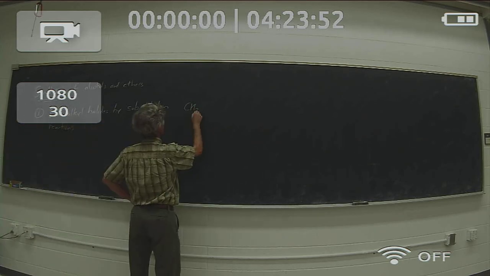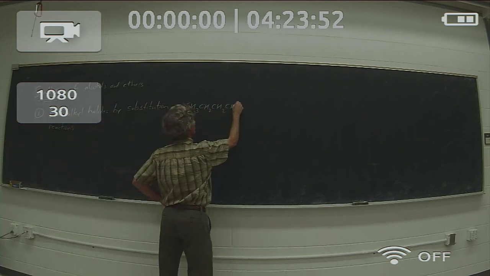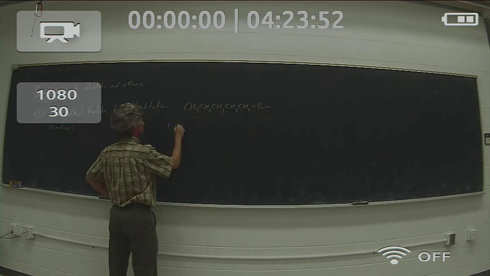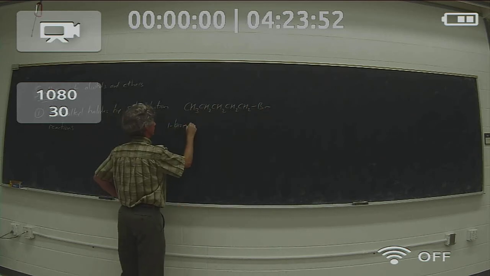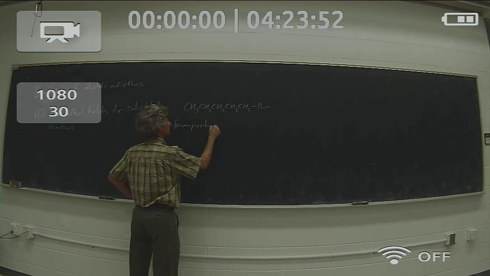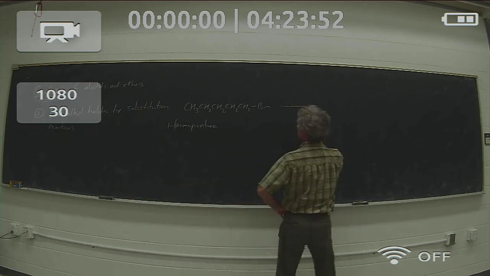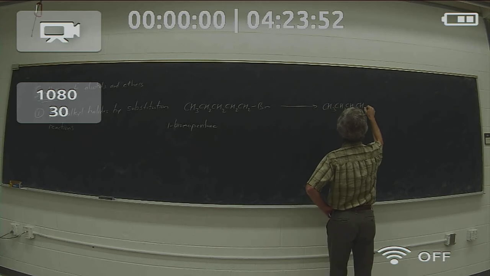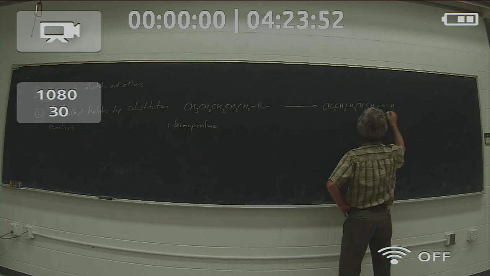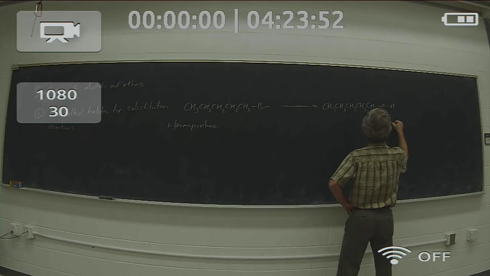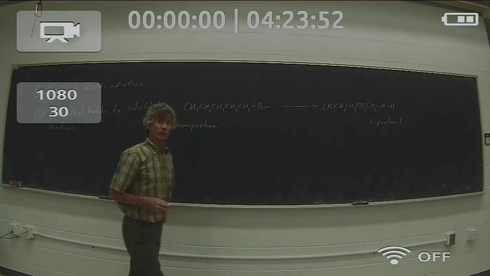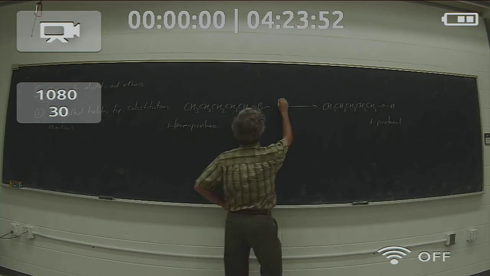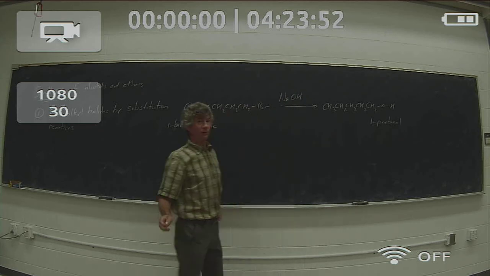So if we were to start, for example, with 1-bromopentane and we were to wish to convert that into 1-pentanol, we could do that reaction readily with hydroxide as our nucleophile, as either the sodium or the potassium salt.